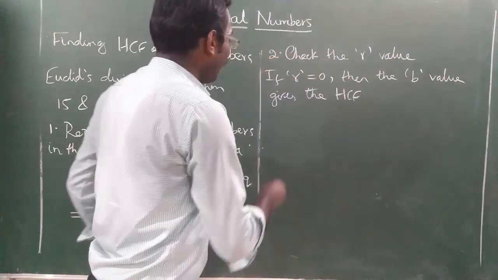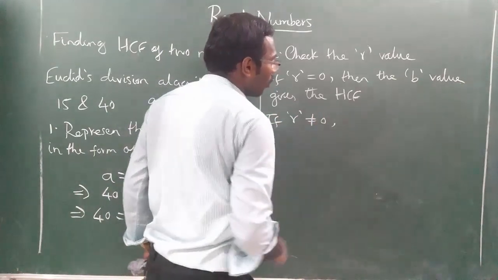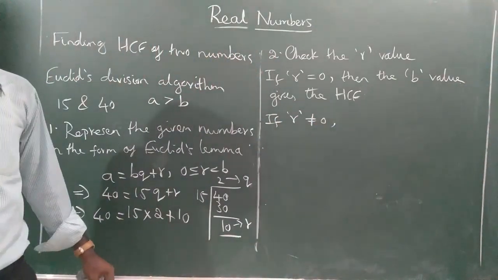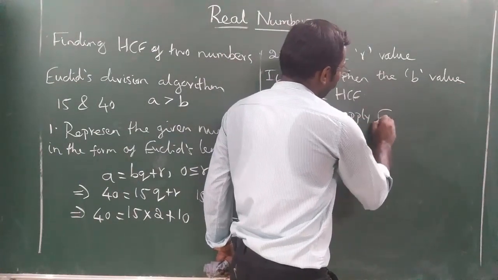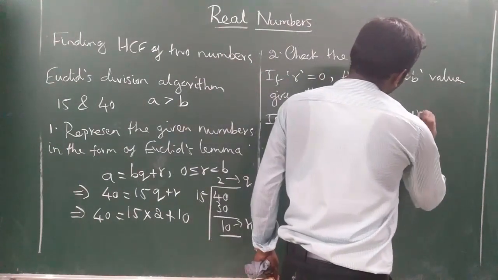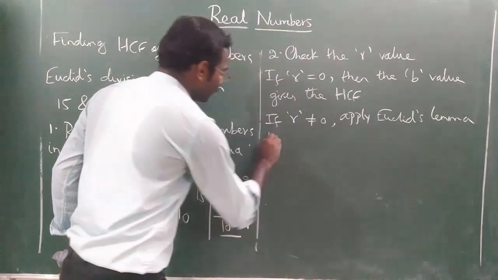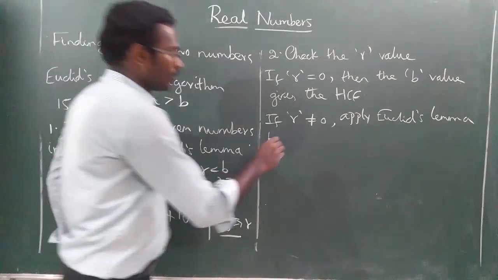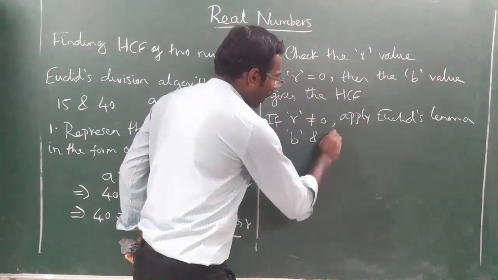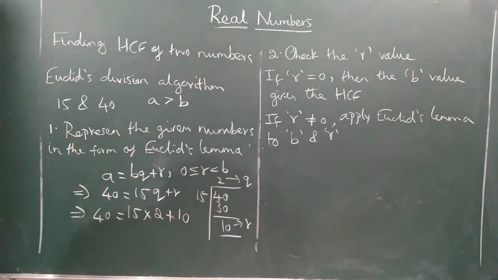So if the remainder is not equal to 0, what will you do? Apply Euclid's lemma to B and R. To B and R. You may not understand this sentence. I will explain it.